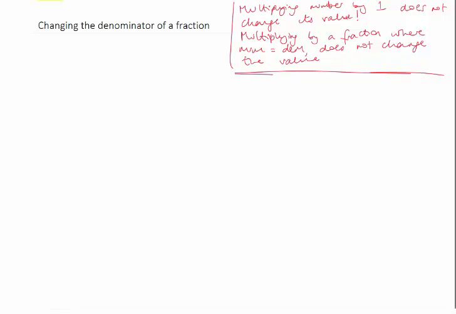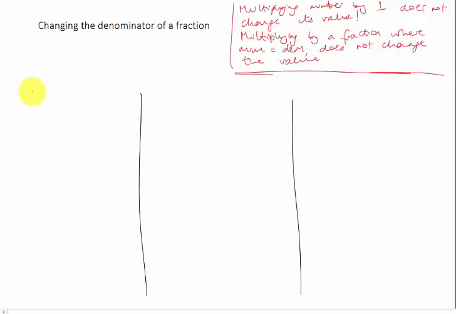Okay, so there are 3 different things we might want to do in my mind. So I'm going to have 3 columns here. First of all, let's talk about simplifying fractions.